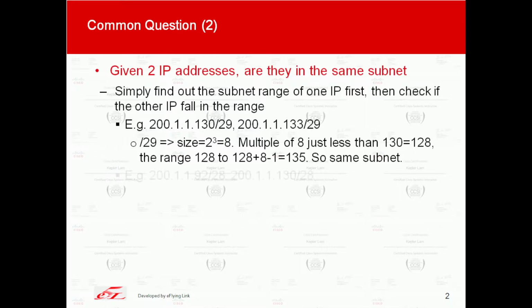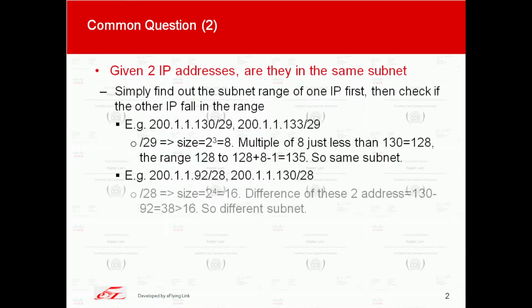Second example. First IP address 200.1.1.92/28. The other one is .130/28. Once again, find out the size first. The size here is that the host bits are 4 bits. So the size is 2 to the power 4, which is 16.